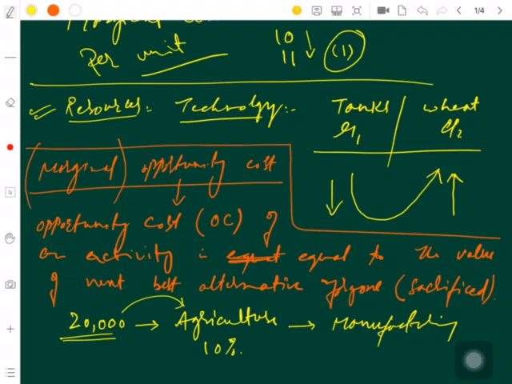But contrary to it, if I am spending this rupees 20,000 in manufacturing sector, I'll be able to earn 12%.